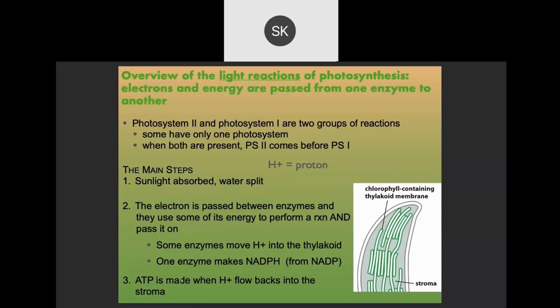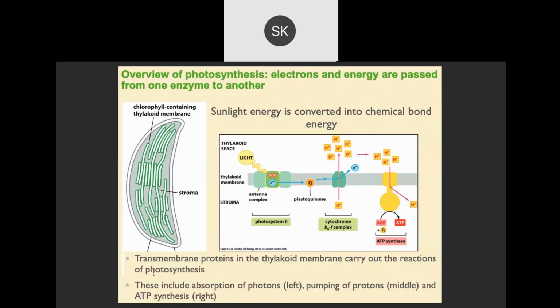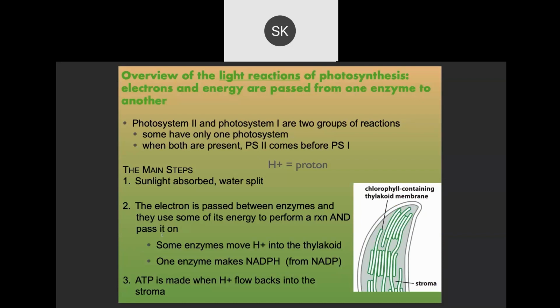One of the things that we did not see in this small diagram is the synthesis of NADPH. NADPH is produced by one of these enzymes in this system, again a membrane protein that is an enzyme, and it uses energy from an electron that has some of the energy from a photon, and it makes NADPH from NADP.